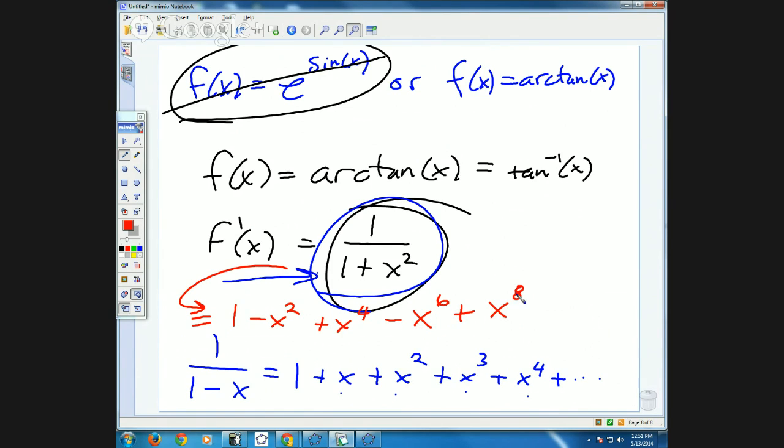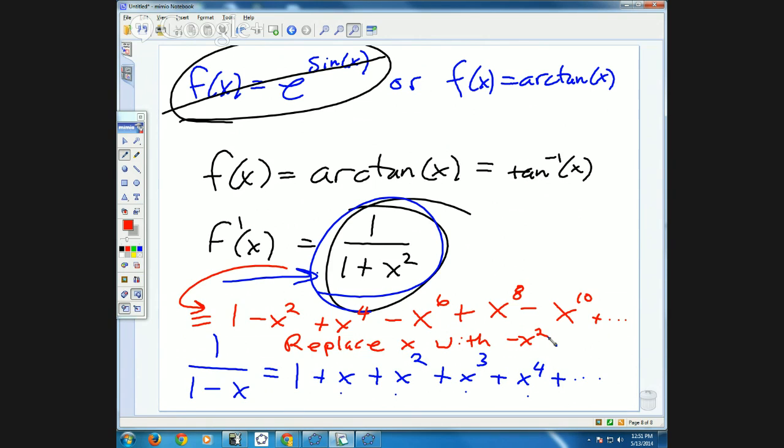Do you see a pattern? Minus x to the 10th. So I replaced x with negative x squared. Okay, so that is a series for 1 over 1 plus x squared.